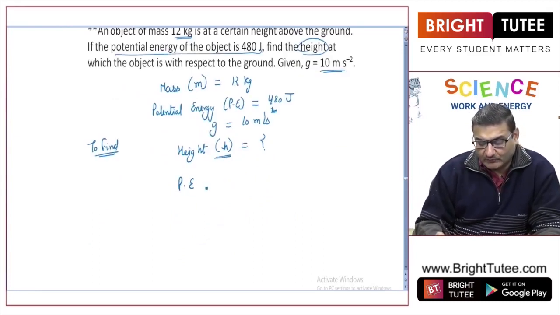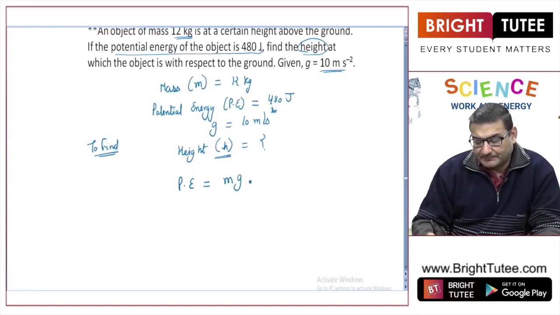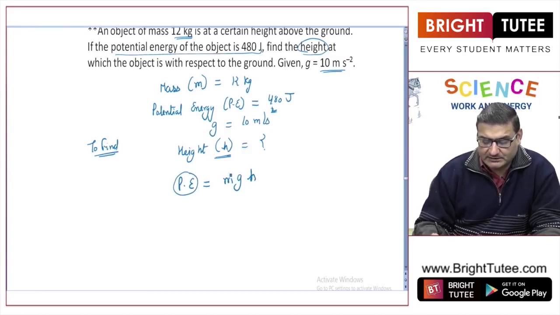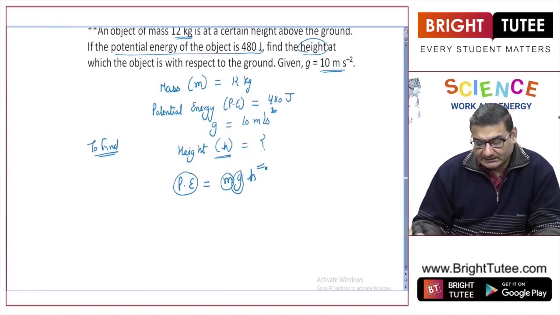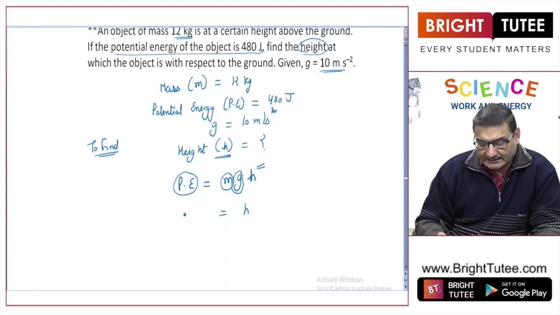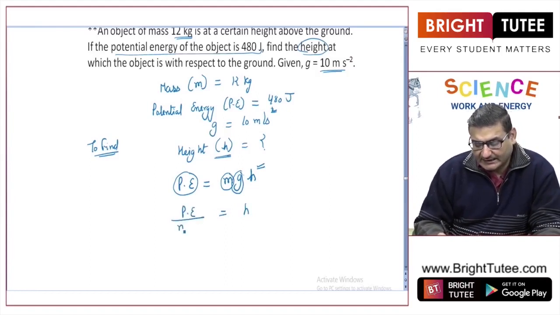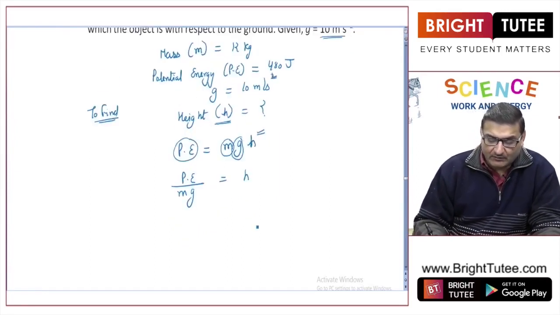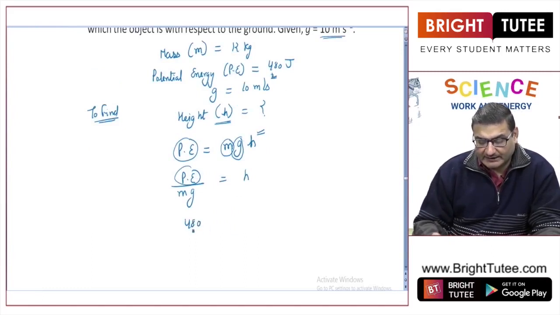We know that the formula for potential energy is PE is equal to mgh. Now, PE is given to us in the question, m is given to us, g is given to us. Simply we can find the height. Keeping h over here and taking mg on the other side, I will get PE upon m into g is equal to h. Now, simply putting the values, the potential energy given to us is 480 divided by mass 12 and g taken to be 10.